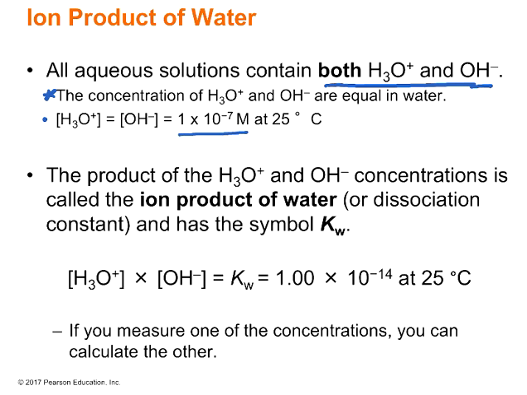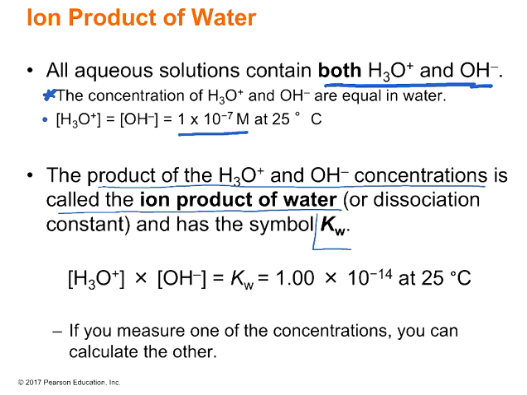Now, one thing we can do is multiply those concentrations together. So the product of the concentrations of those ions is called the ion product of water, or another name for it is the dissociation constant.